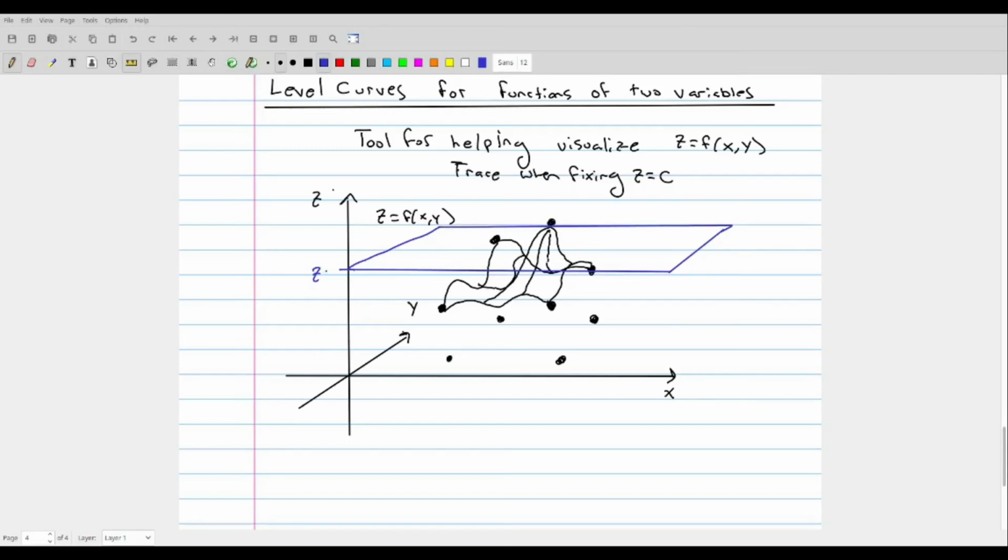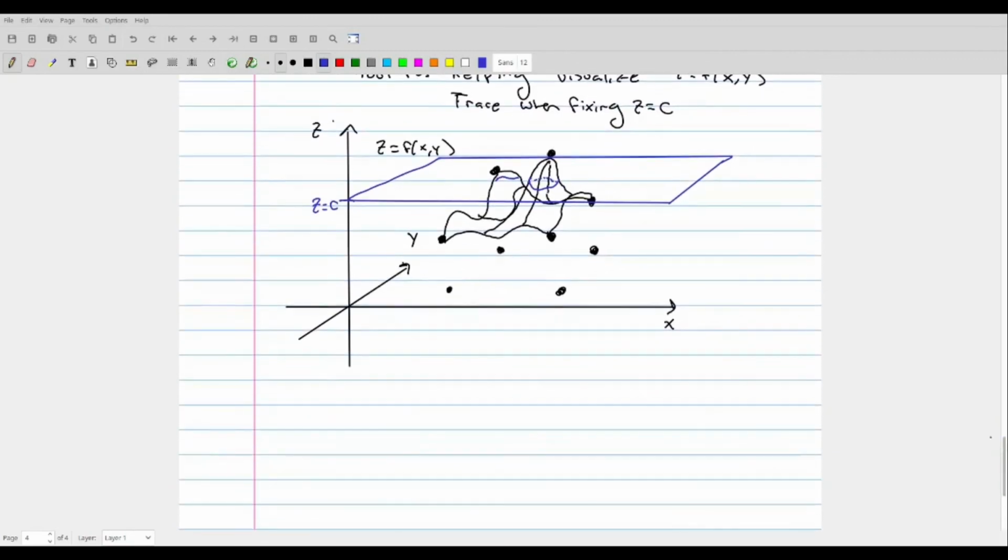So let's say we fix z equal to c right here, where c is this fixed value. The intersection of the surface with this z value maybe looks like this. Now, this could be the level curve of this intersection, and this curve is called the level curve of the function.